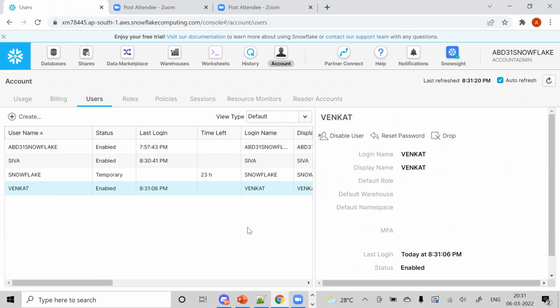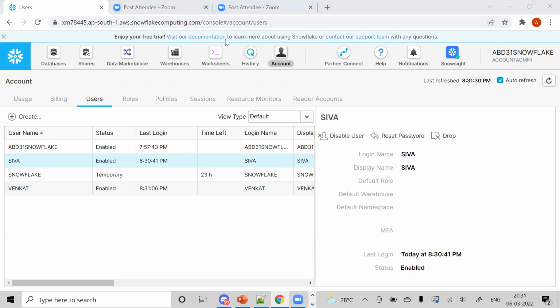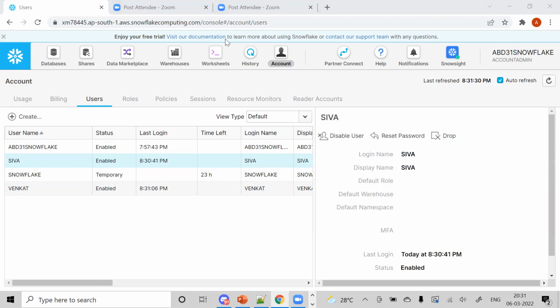So guys, are you able to log in? Yes, Abdul. Shiva says it asked to change the password, but it went to a different place. It will log in with your user, Shiva. You might be seeing Shiva on the top right, right? Yeah, but the account, XM78445, is the account, right? Yeah, that is the account. Shiva is the user under that account.